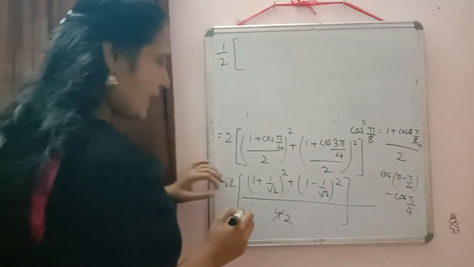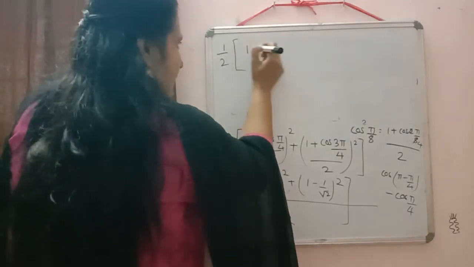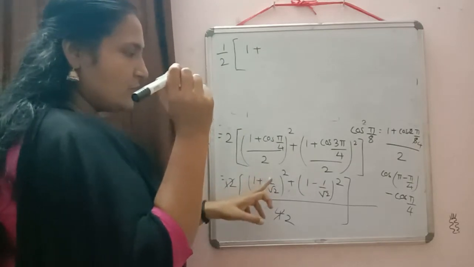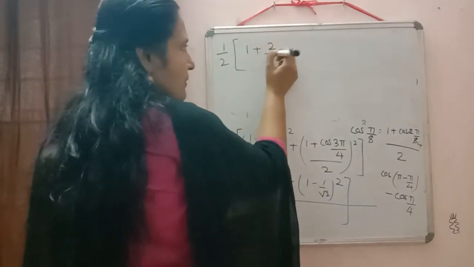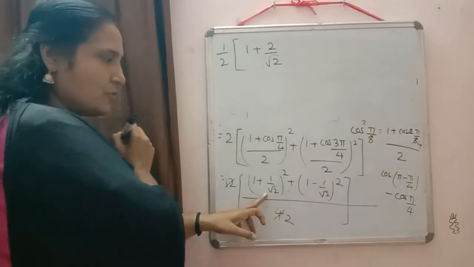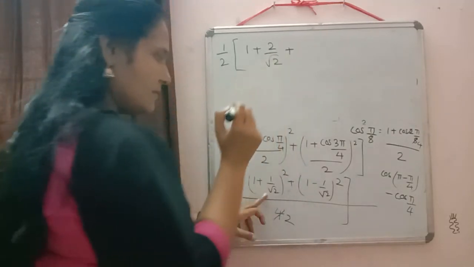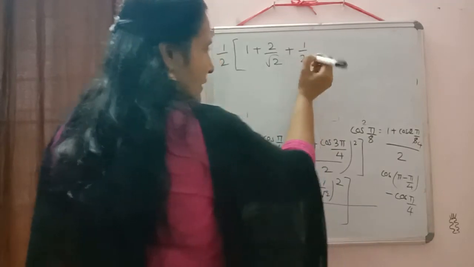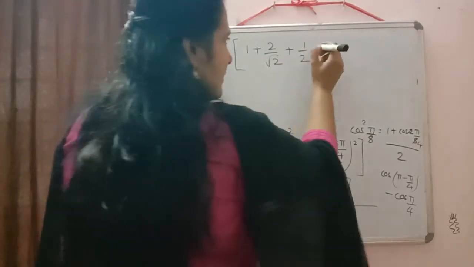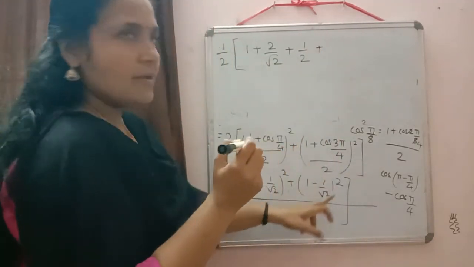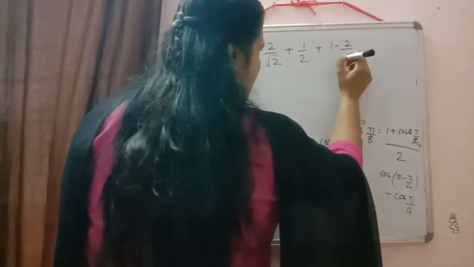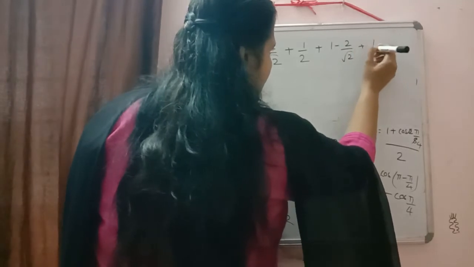According to the identity, first is a square plus 2ab, 2 into 1 by root 2, so that will come 2 by root 2, plus 1 by root 2 the whole square, that is 1 by 2. Plus 1 minus 1 by root 2 the whole square, so it will come 1 minus 2 by root 2 plus 1 by 2.